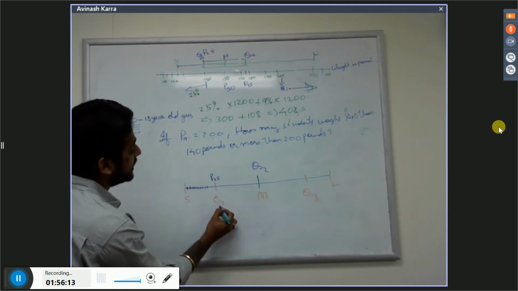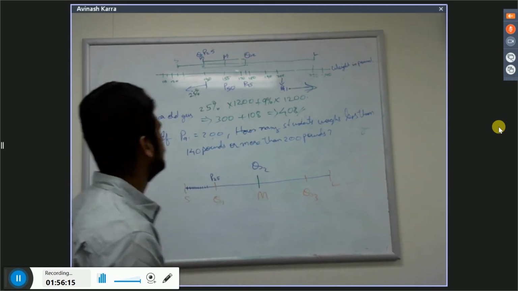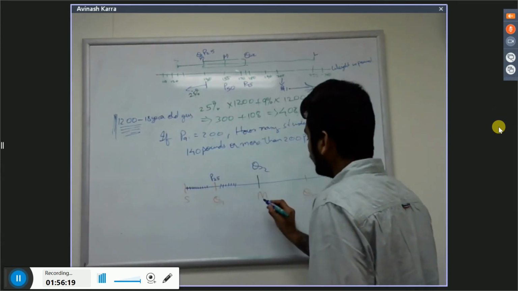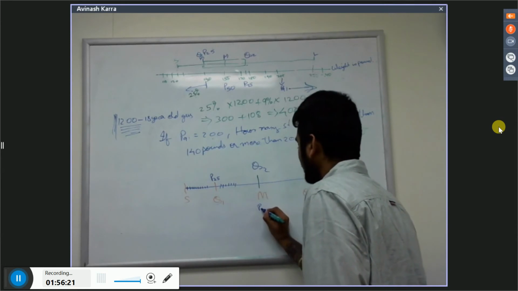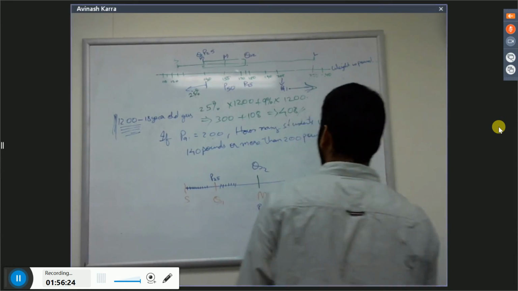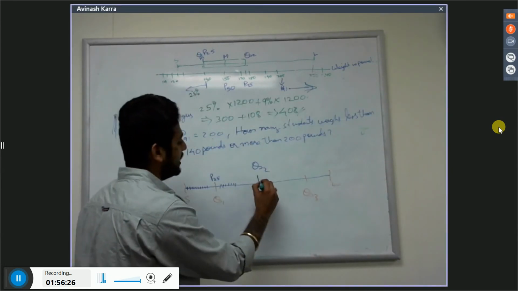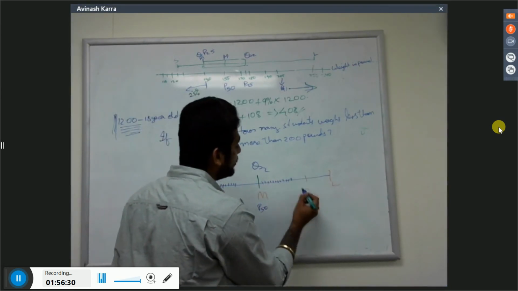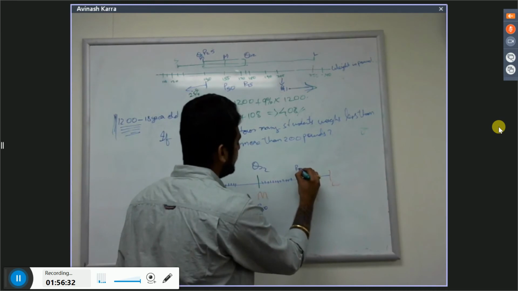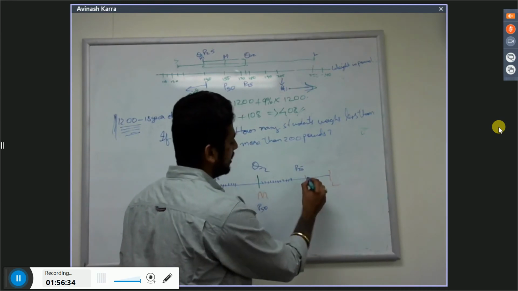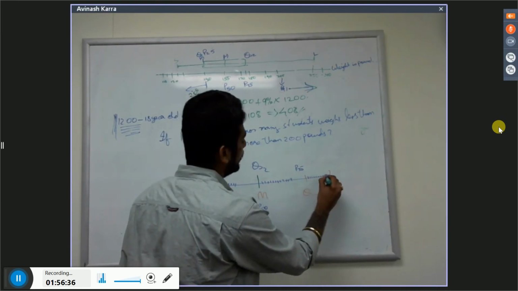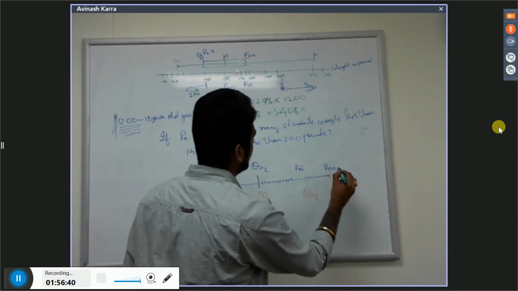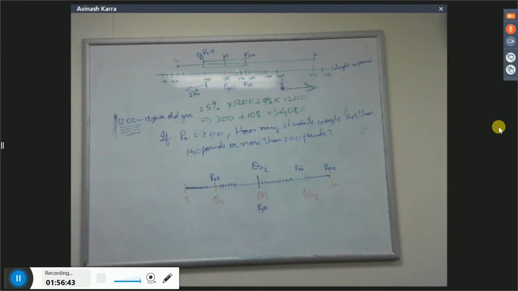In the same way, at Q1, we get P25. When it goes on, at Q2, you get P50. After Q2, again it goes on. At Q3, you get P75, right? And it goes on. At the end, you get P100. Till now, is it clear?